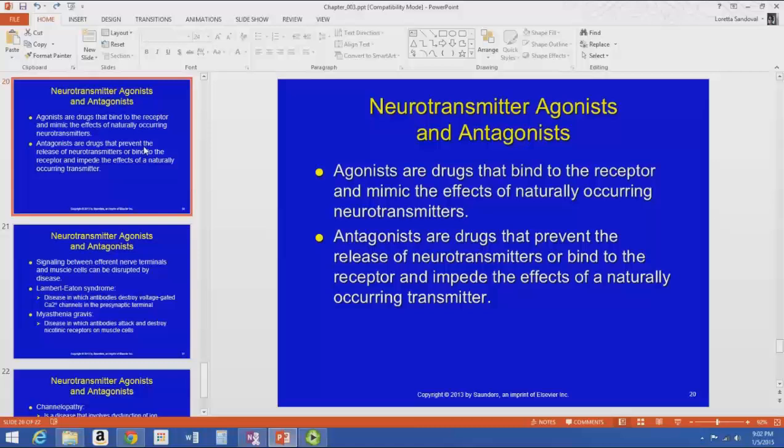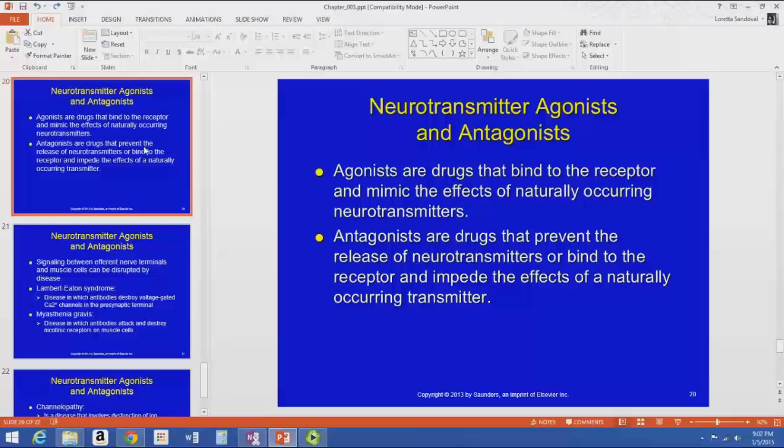Antagonists either prevent the release of neurotransmitters, or they bind to the receptor and impede the effects of the neurotransmitter. So a good example of this is the stop smoking drug Chantix, which is actually a neurotransmitter antagonist. It binds to the receptors that nicotine usually binds to, and so it doesn't let the nicotine bind.